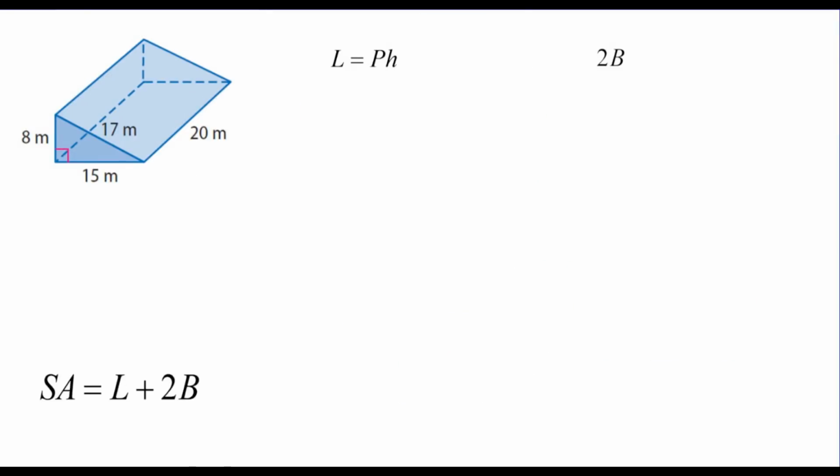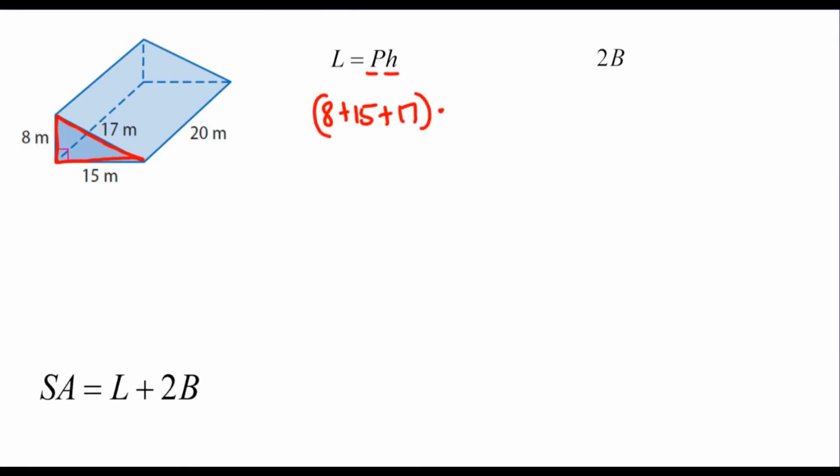So let's look at this prism. This is a triangular prism, and again, I'm going to be focusing on the lateral surface area and then the area of the two bases. So first, I'm going to focus on the lateral surface area, so that's the perimeter of the base times the height of the prism. And the perimeter of my base, which is the triangle, is 8 plus 15 plus 17.